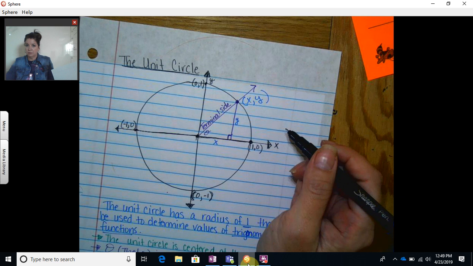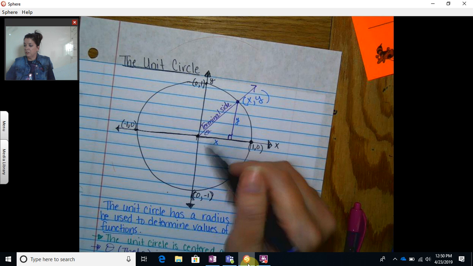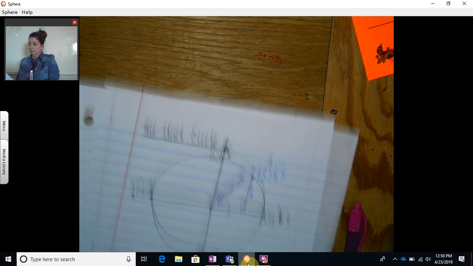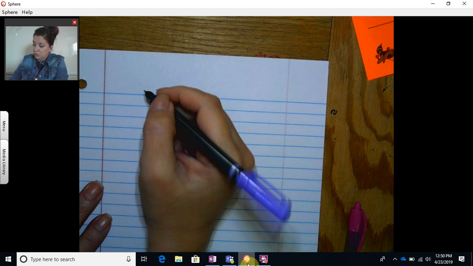What's the length of a radius in a unit circle? 1. Is the terminal side not a radius of the circle? It is. So the hypotenuse has a length of 1, right? The length of the hypotenuse formed in the unit circle is 1.